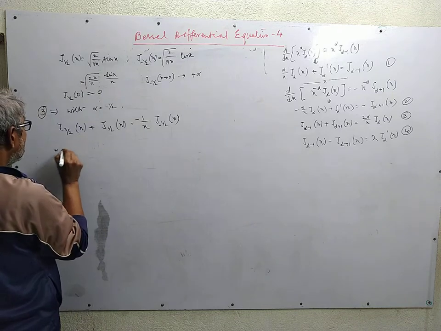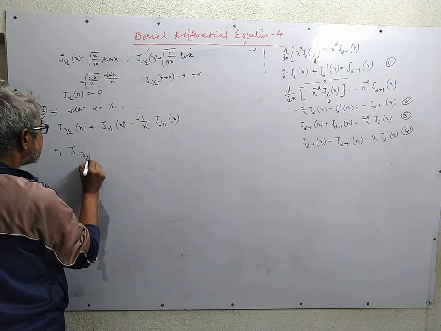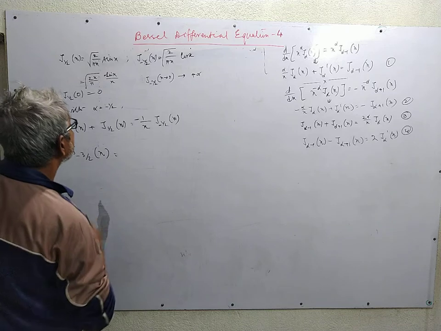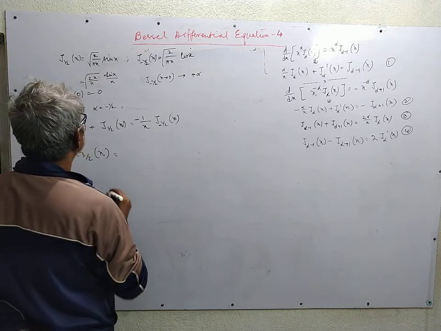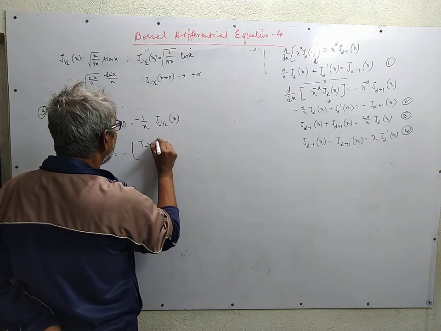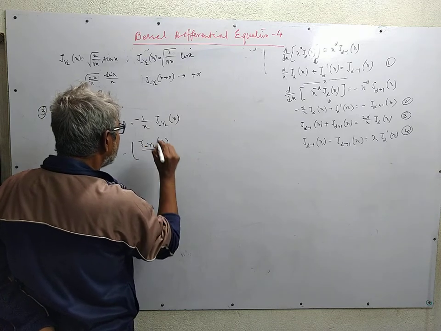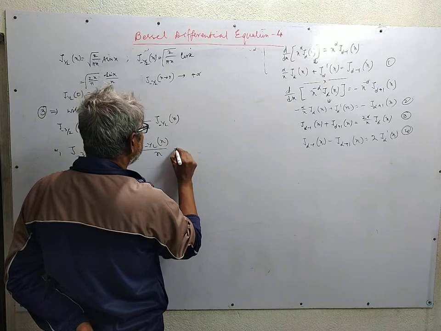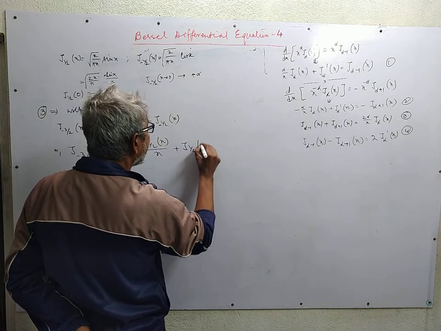So j of minus 3 by 2 of x is equal to minus j of minus half of x by x plus j of half x.